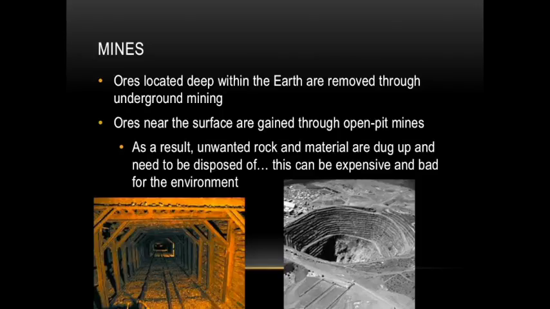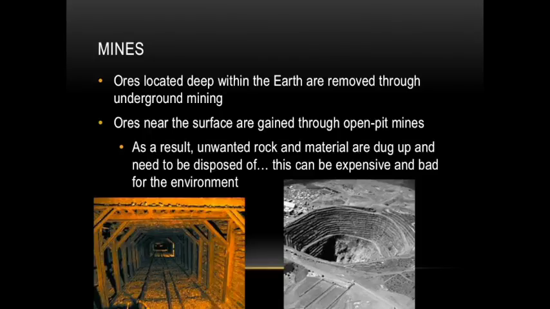The problem is, as we do all of this, you're going to get all of this rock and material dug up, and then it needs to be disposed of, and a lot of times the machinery and also just the digging and unearthing of all of this stuff can lead to a really expensive and polluting situation for the environment.